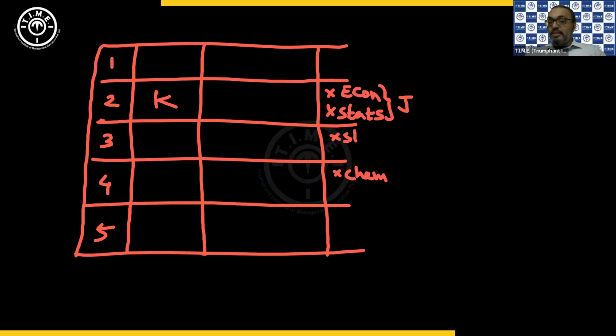And you can remove statistics and chemistry in the third position because it is the same position from both top and bottom. Okay, so now you can have statistics in the first position, chemistry in the fifth position, or you can have chemistry in the second position, statistics in the fourth position. So these are the two possibilities we get. We'll see which one to be considered.